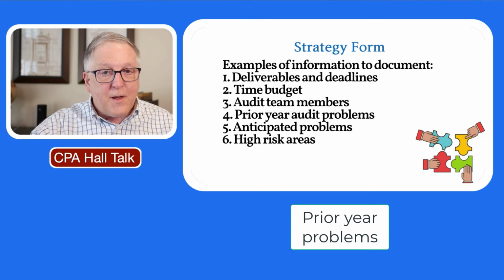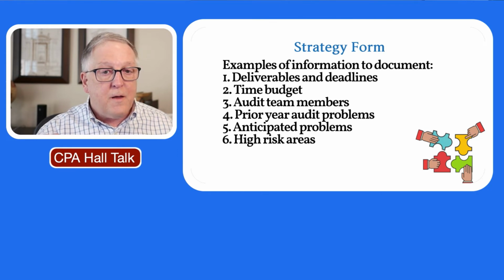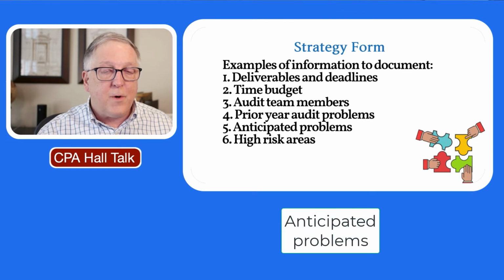So I think in the audit strategy form, step number 4 and number 5 are some of the key components in terms of getting the job done in a timely manner. Think about the problems from last year, and then number 5, anticipated problems this year.